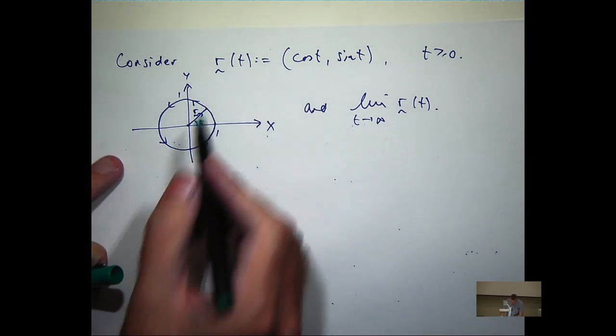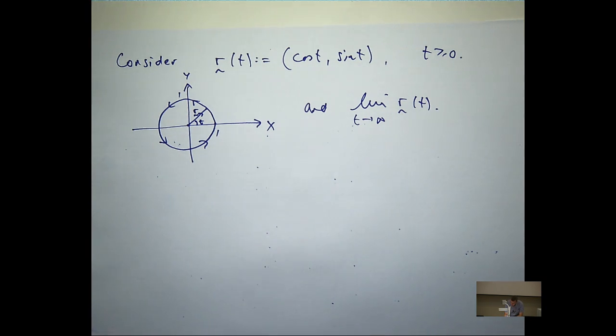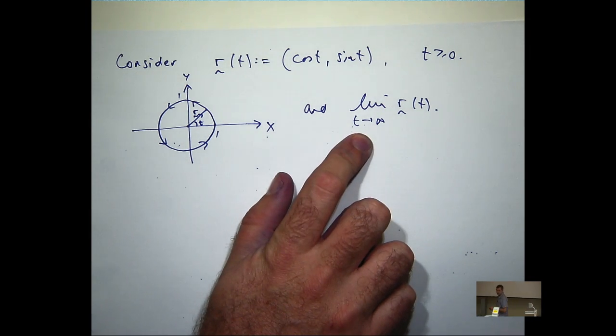Geometrically, this thing's just going round and round, and it's not approaching any point in the plane. The formal definition of the limit was the circle? Yes, but we're talking as t approaches infinity now, right?